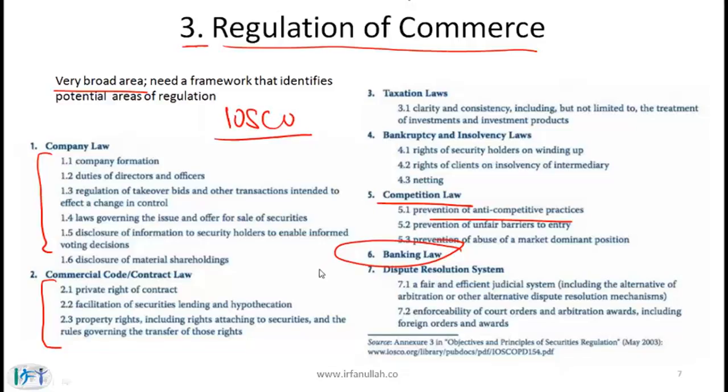So these are some core elements. From an analyst perspective, someone who is trying to determine the impact of regulation on a given company or a given industry needs to look at which laws are in effect, which regulations are in effect, and the impact they are having.